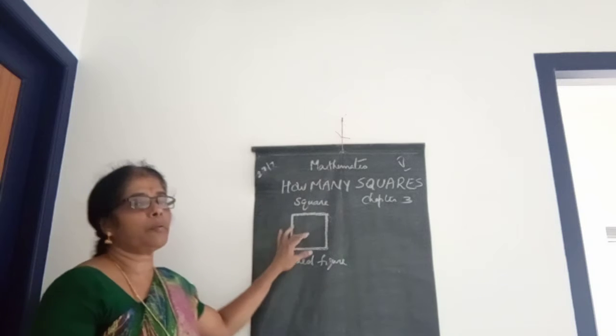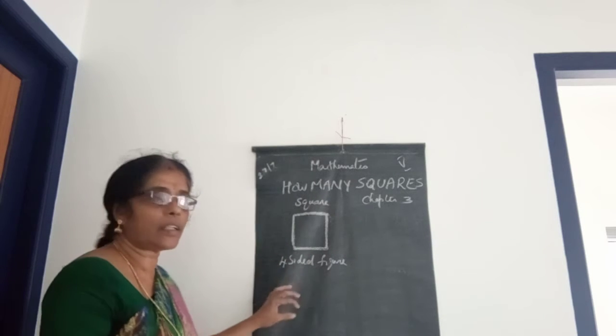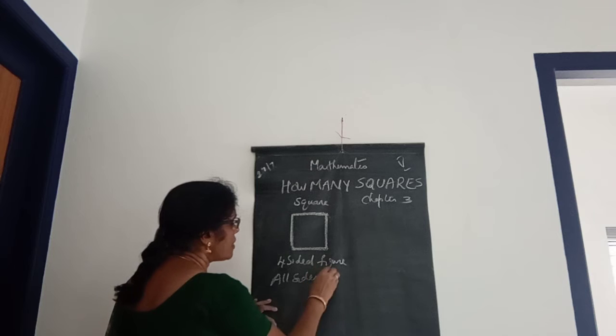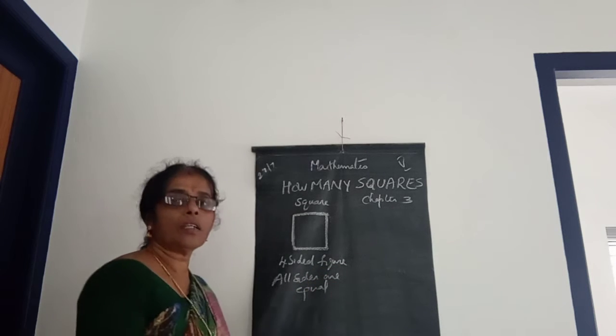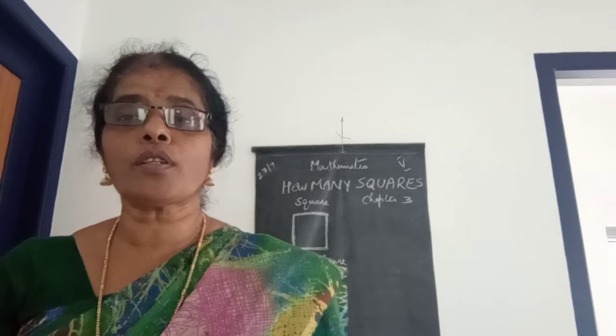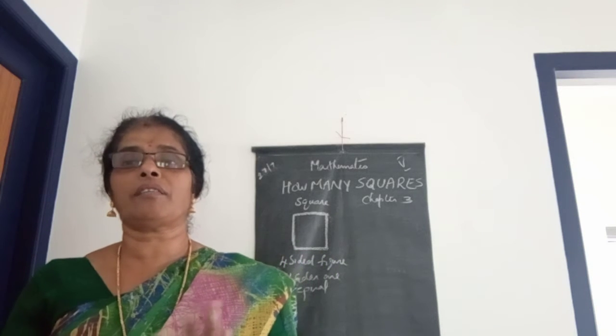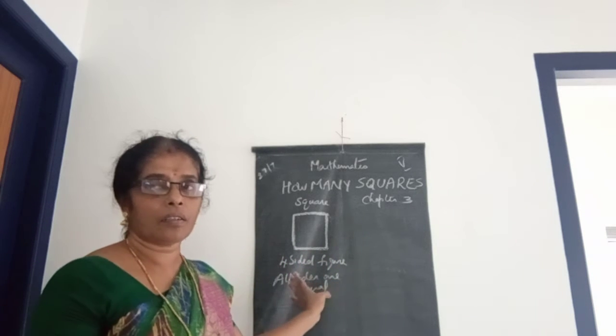And the special feature of the square is all sides are equal. How many sides for the square? Square has four sides, and these four sides are equal. That is the special feature of the square.